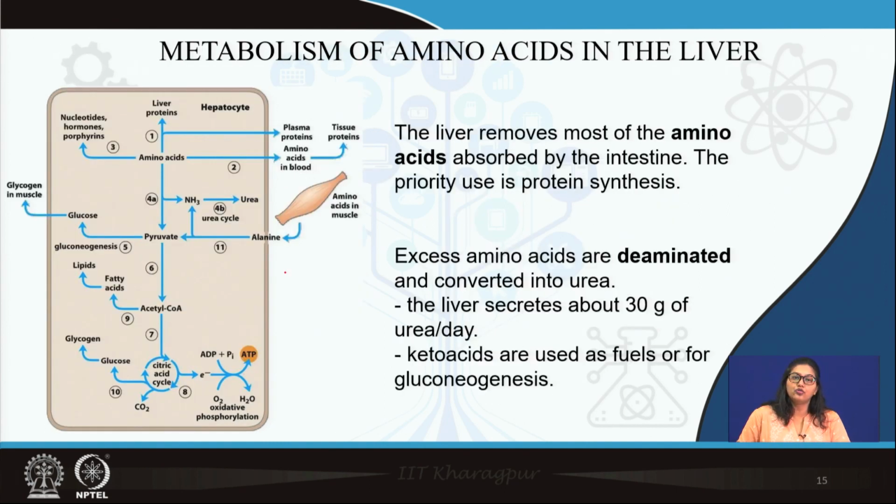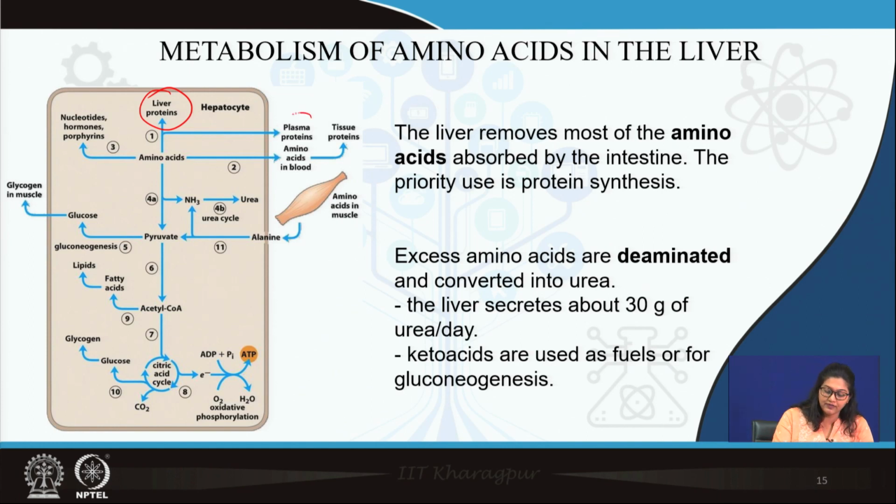Next, we move on to how liver deals with amino acids via different functions. The most important thing is that amino acid provided in liver is mostly utilized to form different liver proteins, integral proteins, and enzymes which have been turned over.